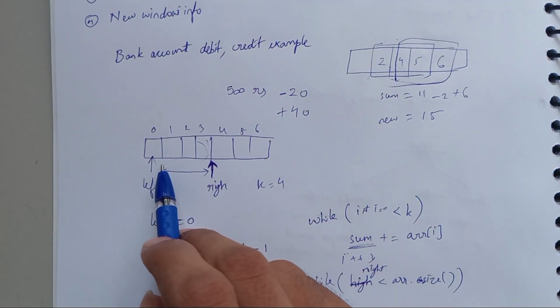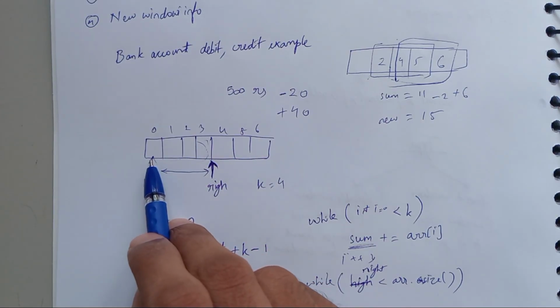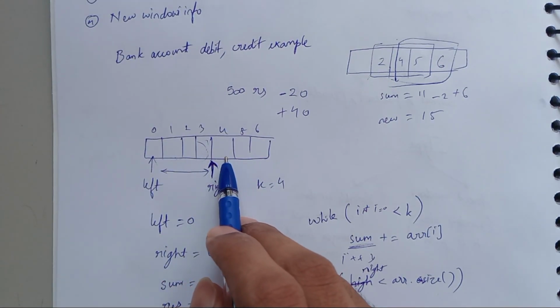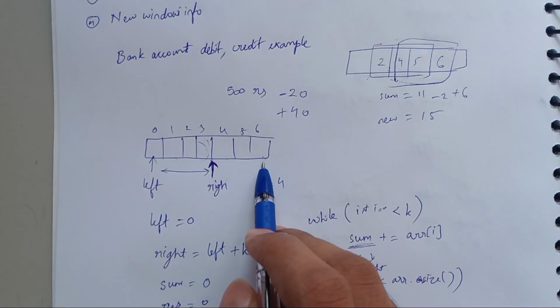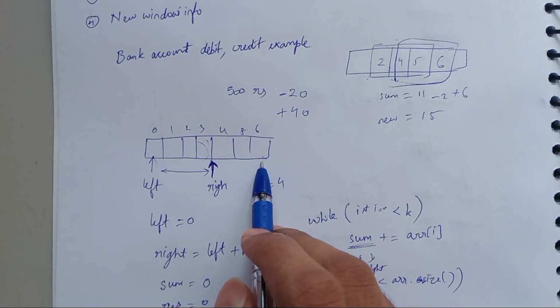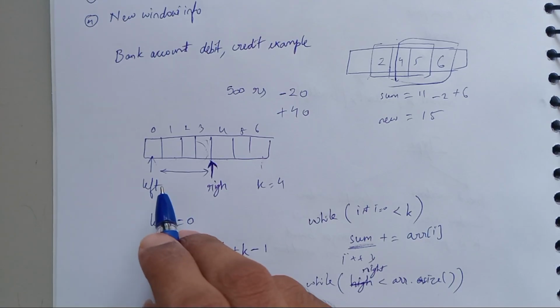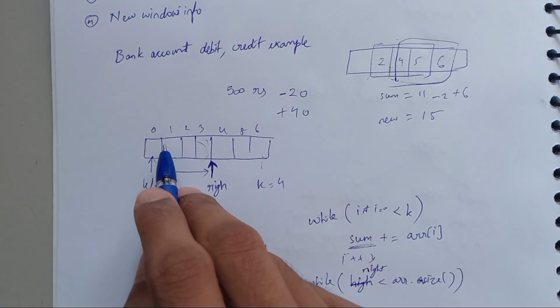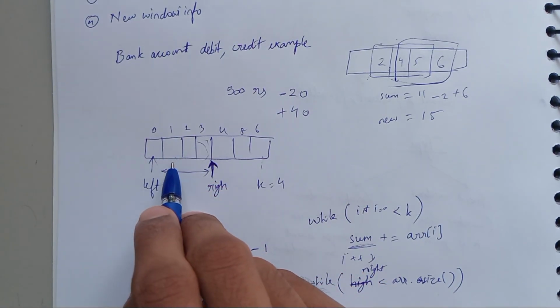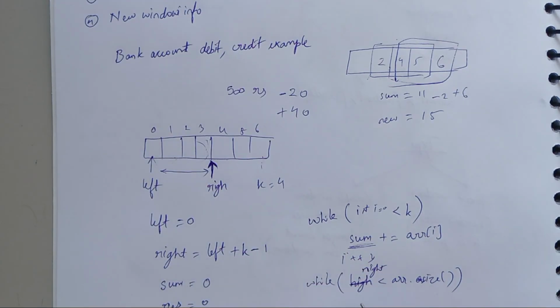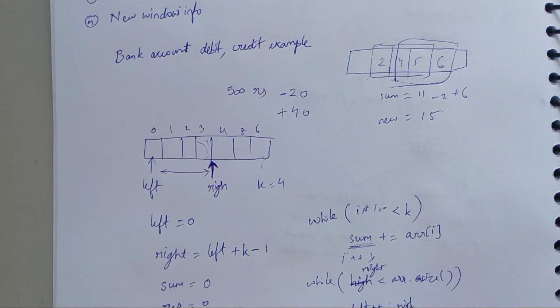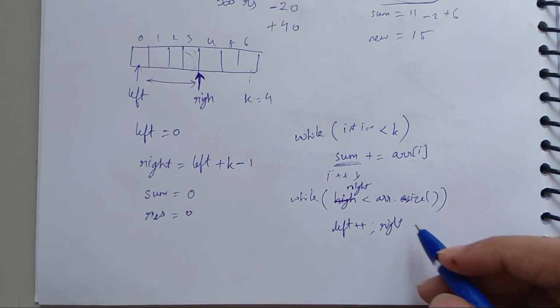If we go in this right direction, shift this here, and in the last iteration we'll get till here. So this is high less than arr dot size. Now we go to the next window by moving left to the right side and right to the right side, so left plus plus and right plus plus.